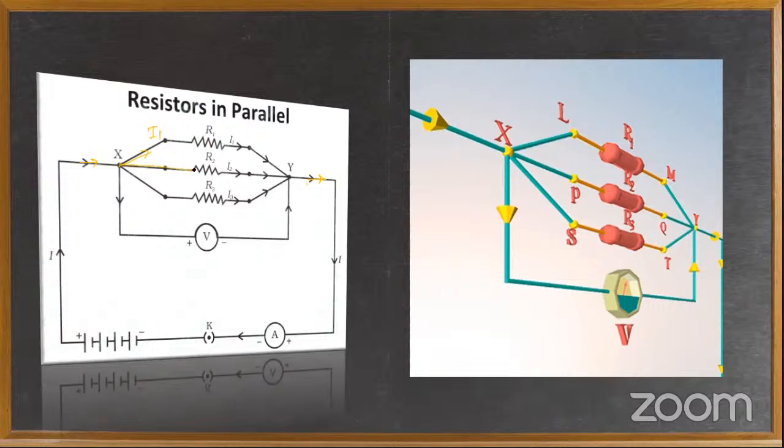The second current passing through the second resistance is I2, and this is the resistance R3, current passing through it is I3. These three resistances are put together at one point, point X and point Y. They are connected at point X and point Y, and the potential difference between these two points is V. Here the voltage is constant flowing through these resistances.